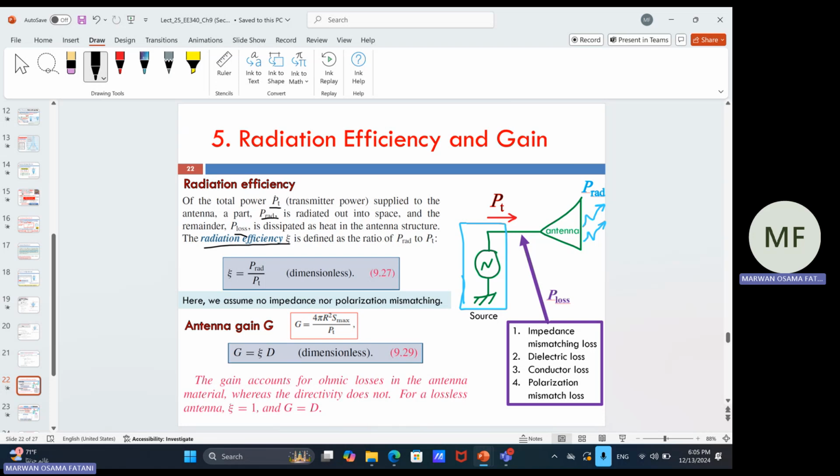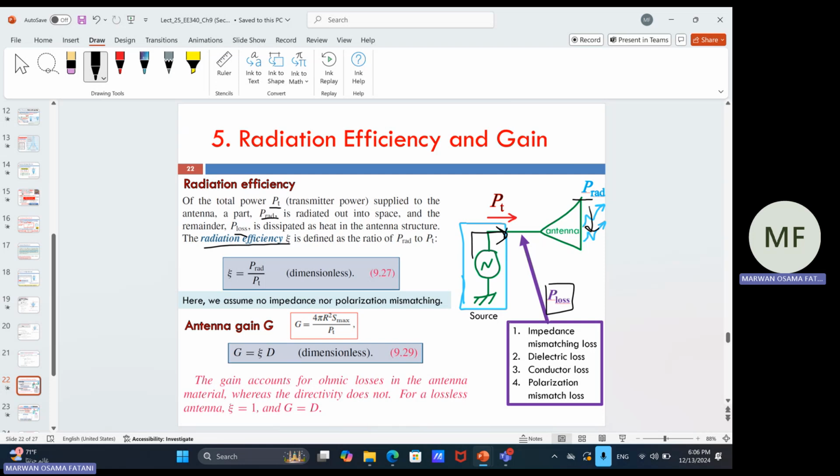So to map these values, we have here a very simple diagram. Prad is the power actually being radiated. PT is the total power being supplied to the antenna. And we have a lot of losses as our total power from our, let's say, battery, generator, or sinusoidal signal transmits power.